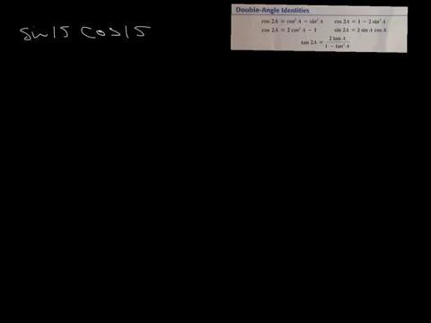Rather than fight with using their identities there and figure out what they're doing, because I just don't know how a normal person would just come up with that, we can take the sine of 15 and know that that's the sine of 45 minus 30, and then that equals, remember back in earlier lessons, page 205, sine of a sum or difference.